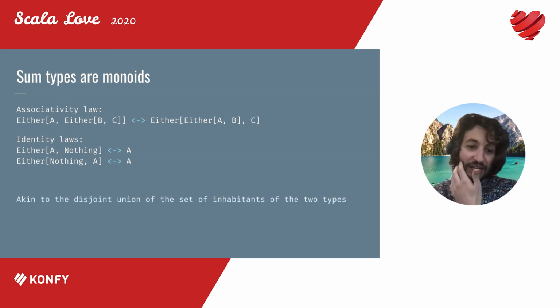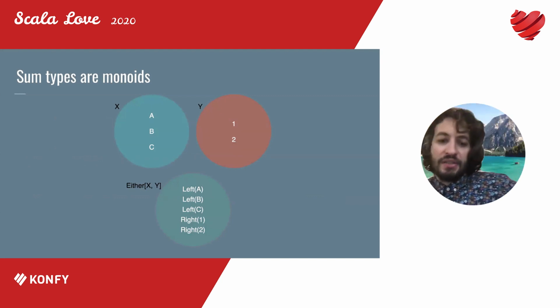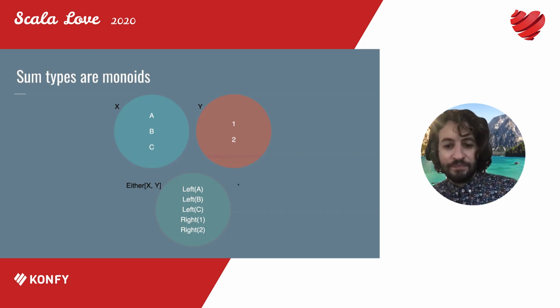And this is akin to the disjoint union of the set of inhabitants, right? So if we look at a set of inhabitants using our same examples from earlier, we can see that either x and y, its inhabitants, are like the disjoint union of those two sets, x and y.